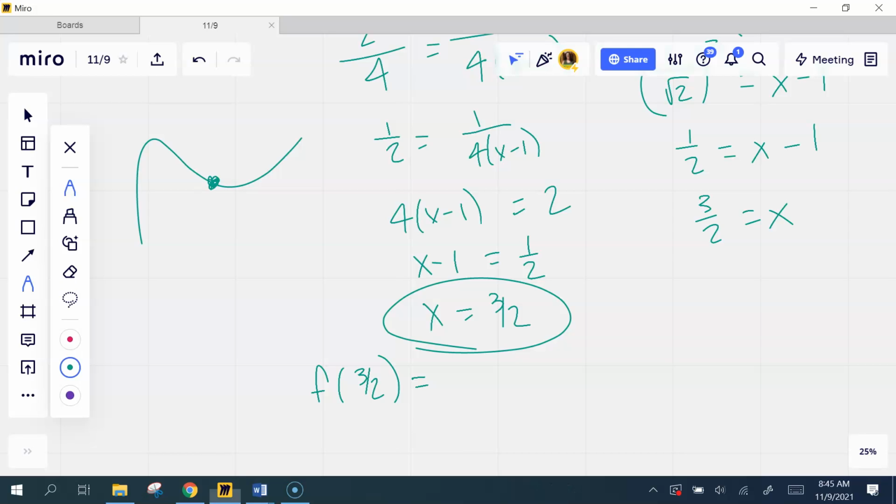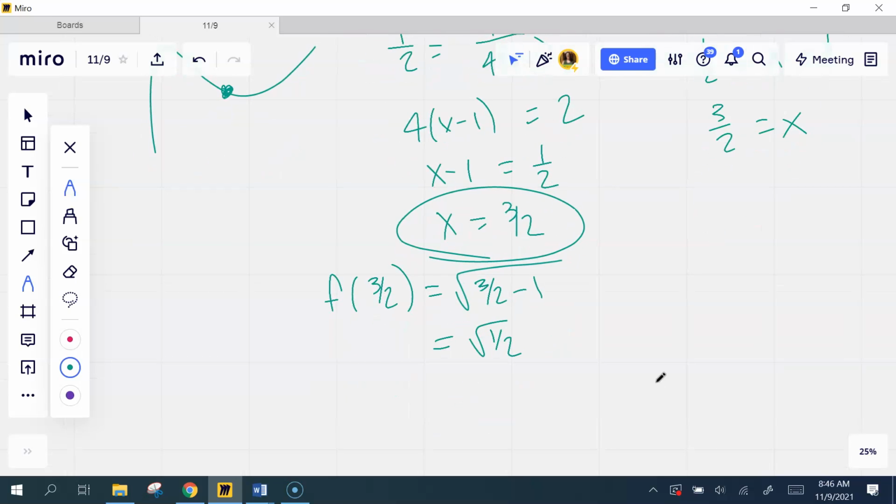So this is the square root of 3 over 2 minus 1, the square root of 1/2, which is 1 over the square root of 2. Multiply by square root of 2 over square root of 2, and that's square root of 2 over 2.